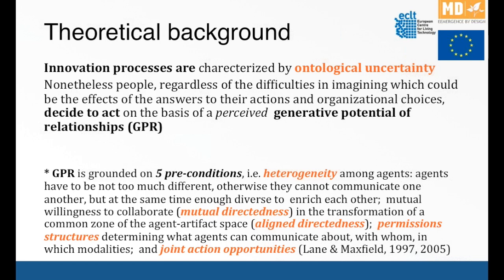When we talk about innovation processes, so any kind of process that aims to promote radical changes, we have to think that these kinds of environments are characterized by ontological uncertainty.